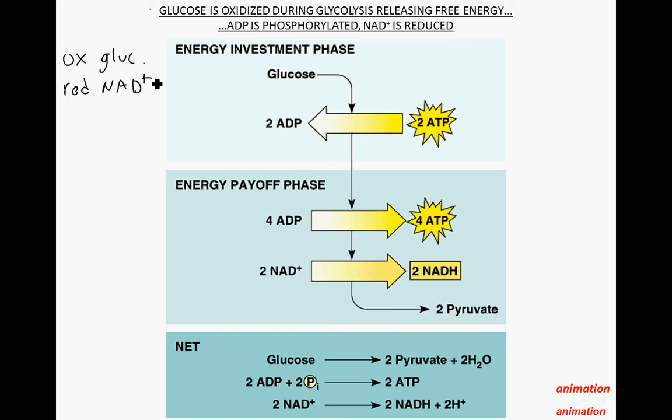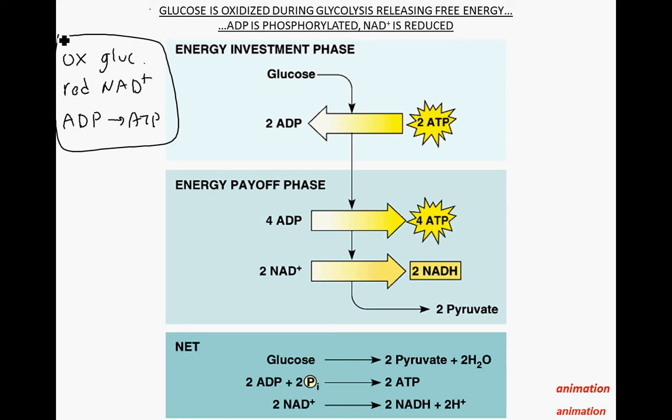Along the way, we're also going to phosphorylate ADP to generate ATP. So this is the simplified way. And again, there's no other simpler way to explain it than with this. That said, oxidation reduction is a complex thing.